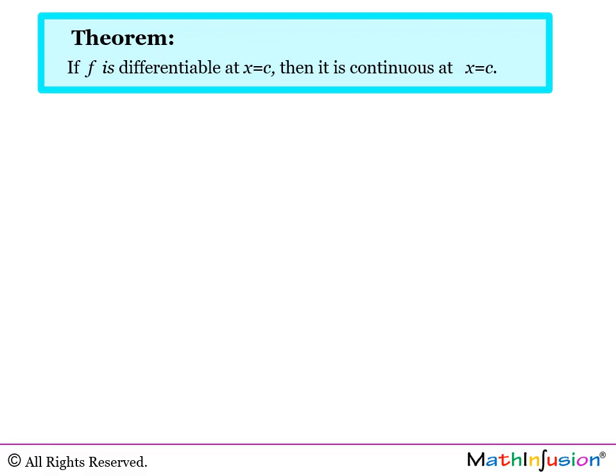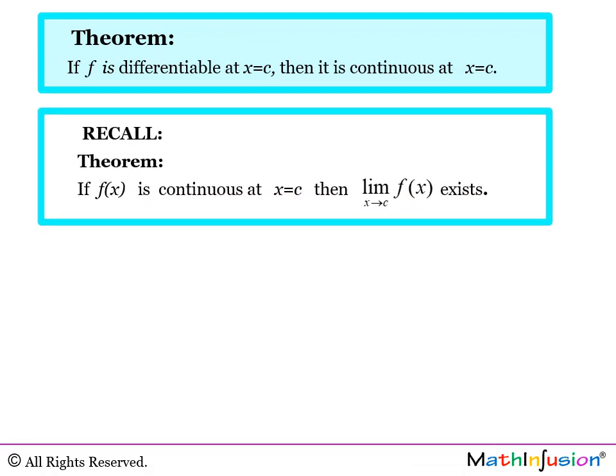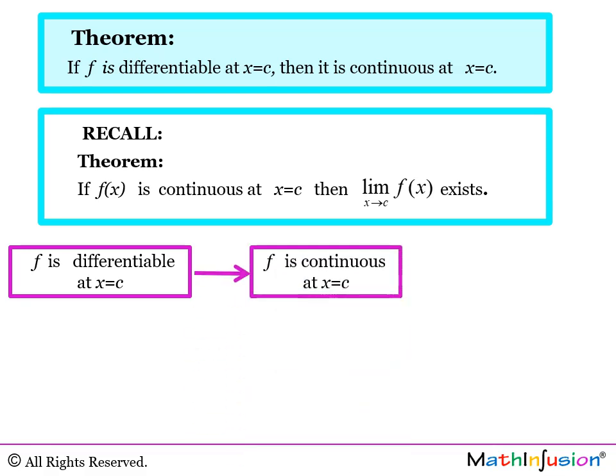Theorem. If f is differentiable at x equals c, then it is continuous at x equals c. I would like to recall a previous theorem. If a function is continuous at x equals c, then the limit of the function when x approaches c exists. We can summarize both together, and we get that if f is differentiable at x equals c, then it is continuous at x equals c.